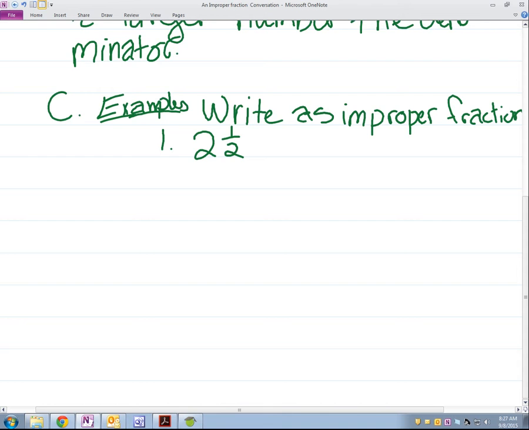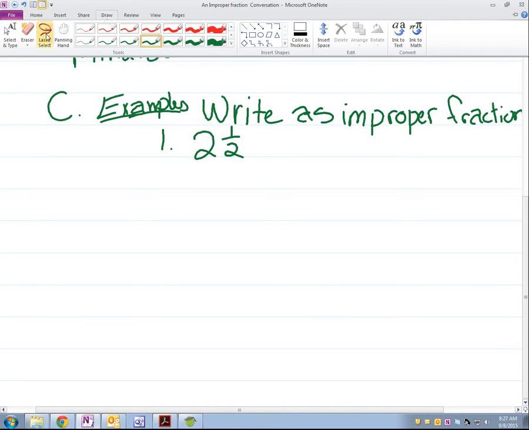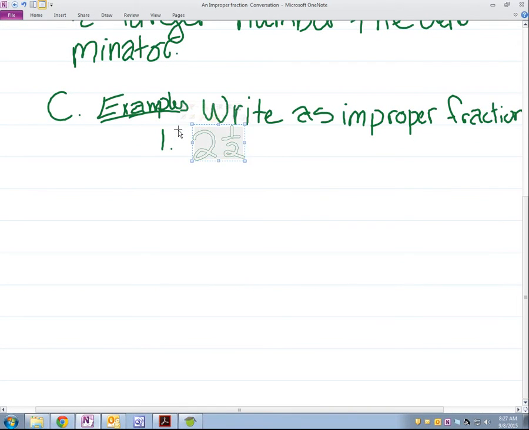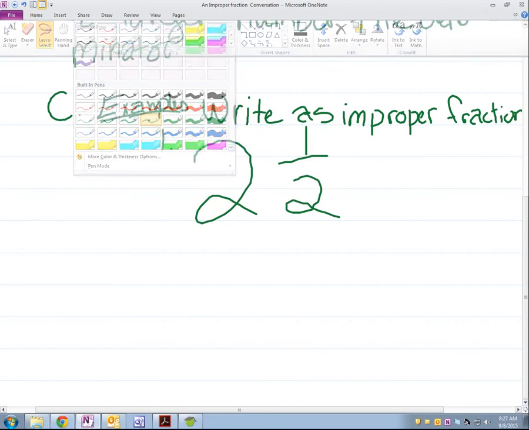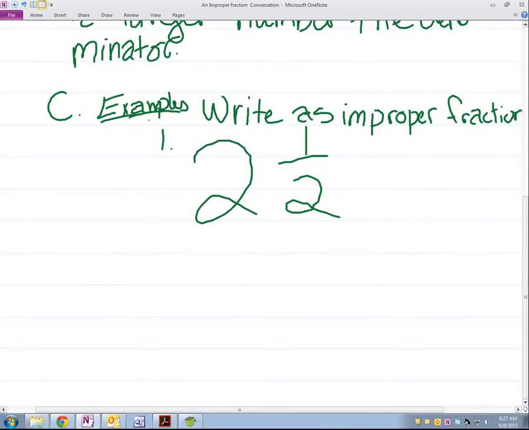I'm going to write this bigger, and I'm going to use stuff that you can't do. Wouldn't that be nice to be able to do that with your notes? So it's 2 and 1/2, 2.5.